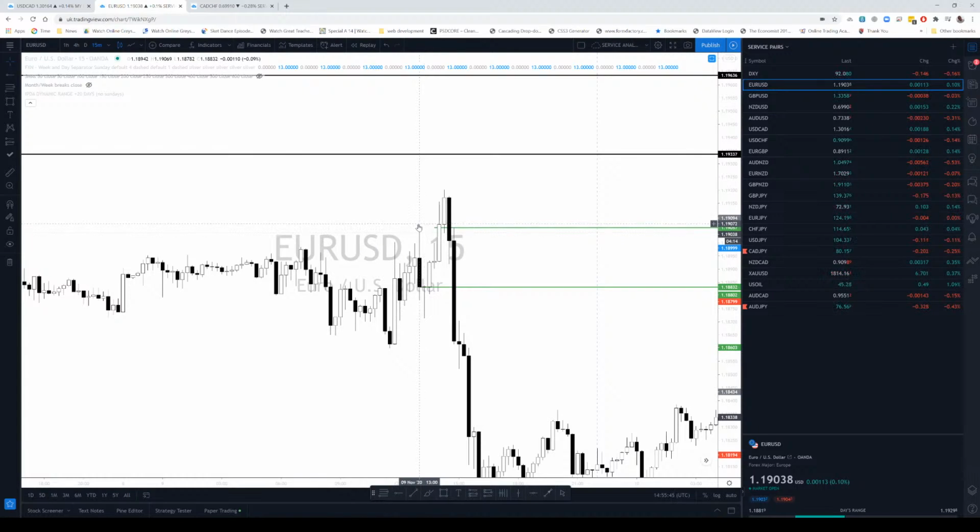Then you have the UT, upthrust, and then you have the upthrust after distribution. So this is the upthrust after distribution.